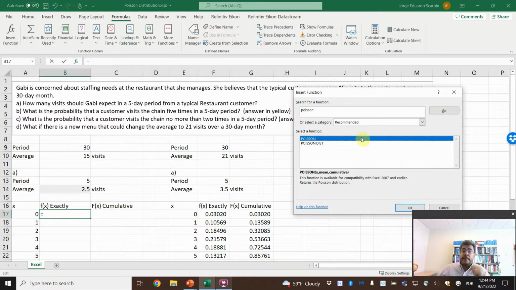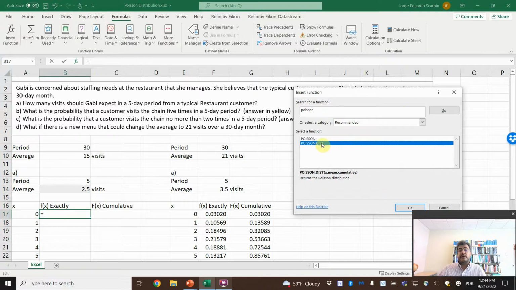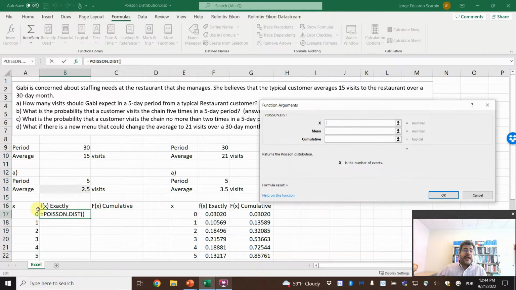What is the difference between Poisson and Poisson Dist? Poisson is with Excel 2007 and earlier. We have a newer one, so Poisson Dist. What is X? Number of times. Mean is the average, so F4. And cumulative, no, false.